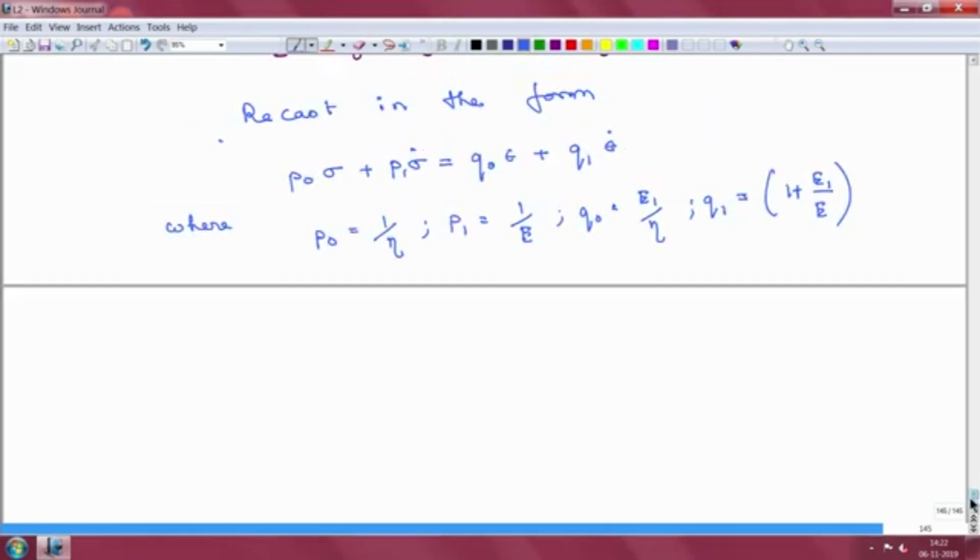So for both the Maxwell model and the Kelvin model, we had discussed jump conditions, and I had gone through details of how the jump conditions are to be found. In this particular case, I am not going to go through the same thing again. I am going to leave this as a homework for you. So the jump condition in this particular case, you can find it by yourself.